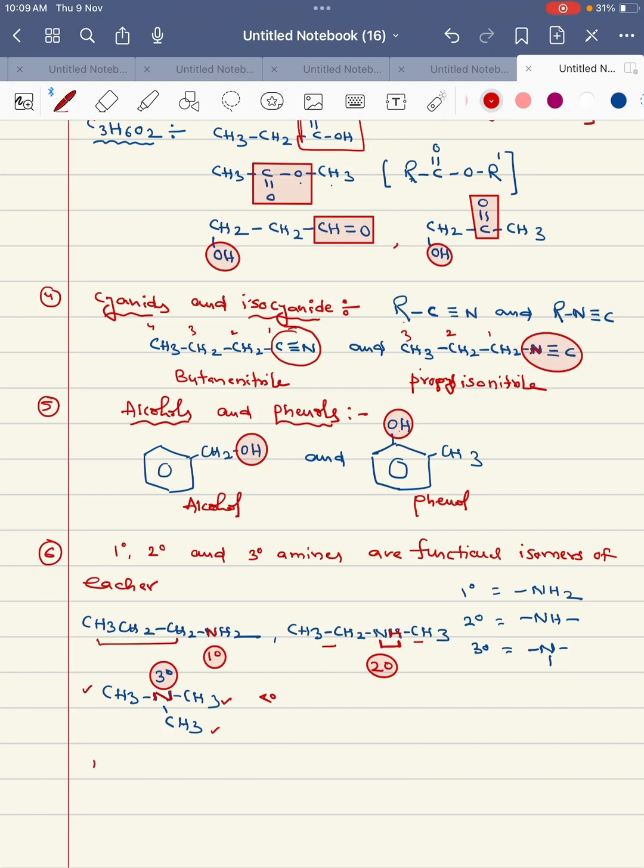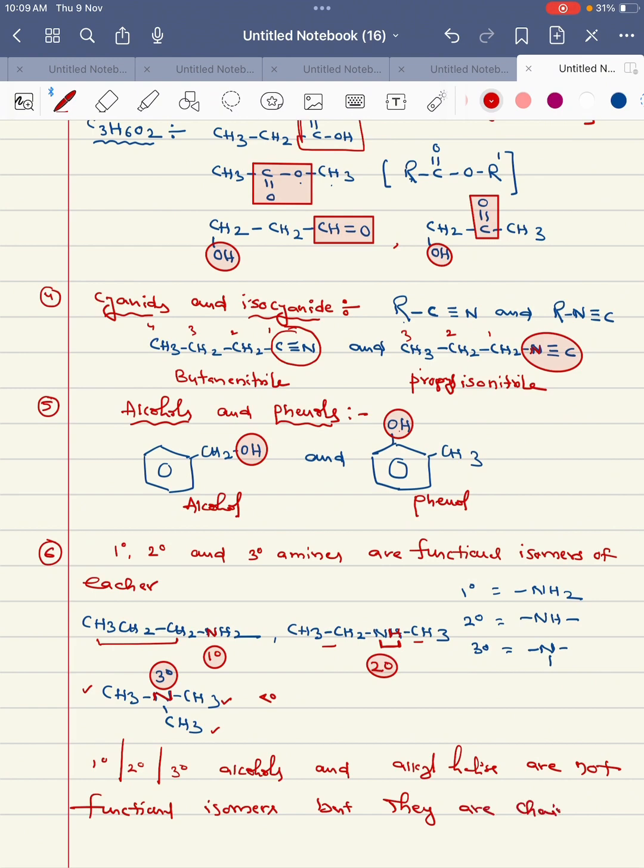Students may get a doubt here. 1 degree, 2 degree and 3 degree alcohols and alkyl halides are not functional isomers, but they are chain and positional isomers.